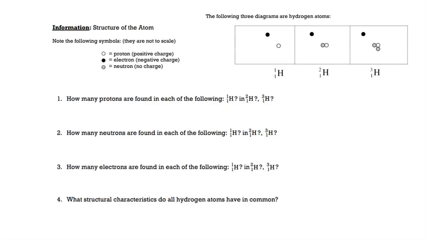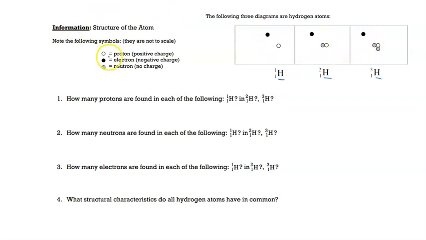So the first 4 questions, right? What we're doing is we are examining a model of hydrogen, different types of hydrogen atoms. So we see that little symbol H, and that is an indicator that we are looking at models of hydrogen atoms.